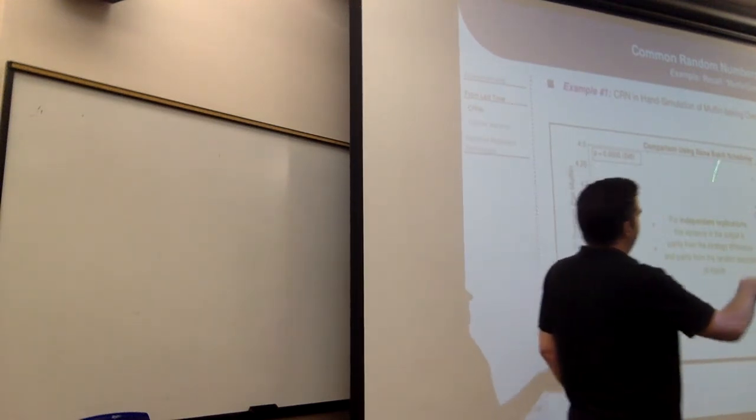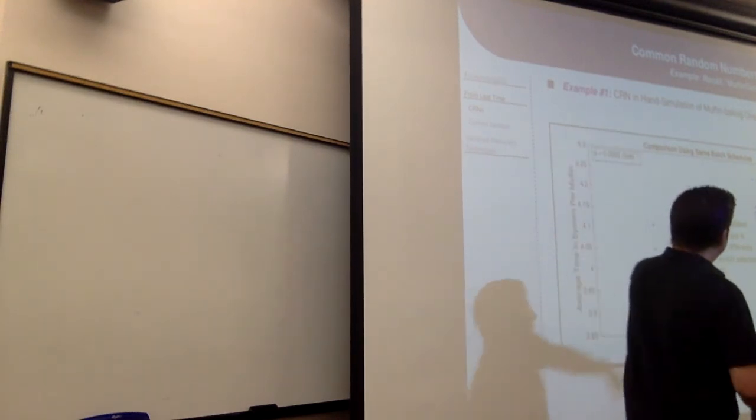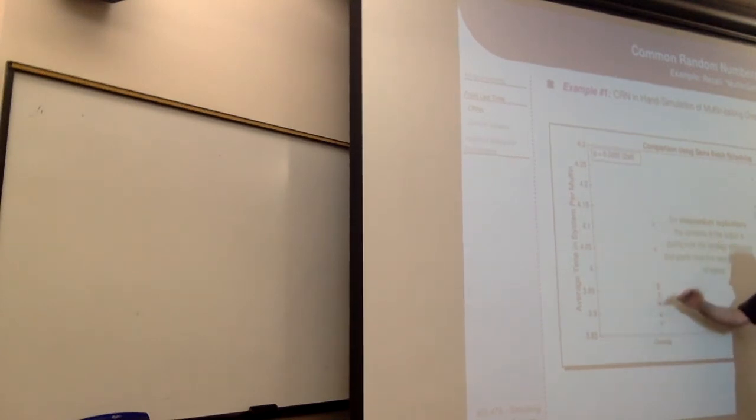If I just took an average without doing a two-sample t-test, it may be that this strategy has a larger output on average than this one, or I might have just gotten lucky or unlucky, and the inputs drawn for this strategy just happened to have more under the average, and this one more over the average. So we have two-sample t-tests to help us deal with this variance issue.